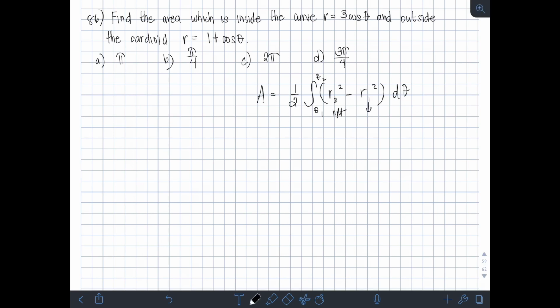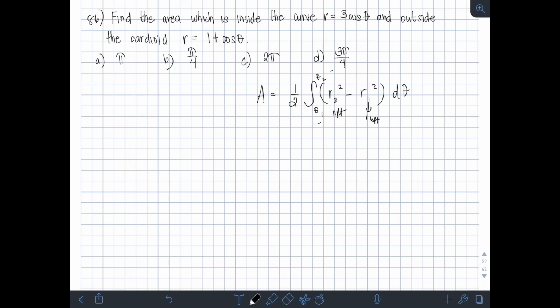And then itong r1 is yung equation nung polar curve kung saan siya yung to the left lagi nitong r2 throughout the point of intersection ng dalawang polar curve. So, parang R left. Okay? Yung theta 1 naman, tsaka theta 2, ito yung point of intersection ng dalawang polar curves. Right?